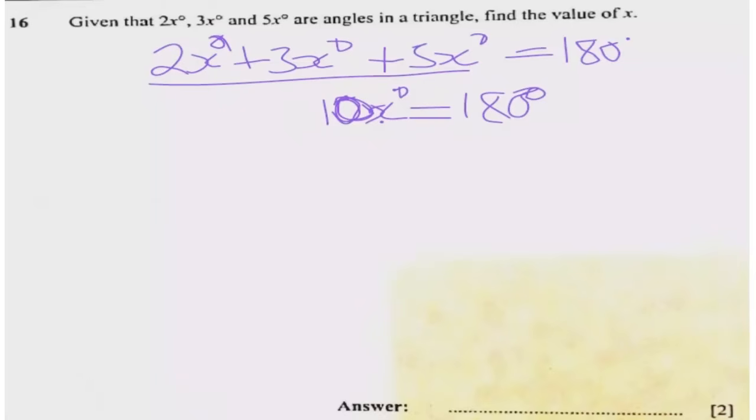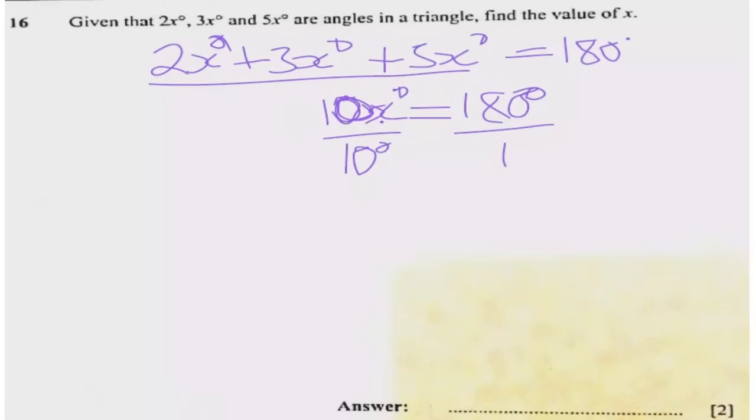Okay, so now once we have written 10x degrees, which is equal to 180 degrees, 10x degrees, as you know, has come from adding these three angles, which are 2x degrees plus 3x degrees plus 5x degrees. So what we do to find the value of x, we are going to divide both sides by 10 degrees.